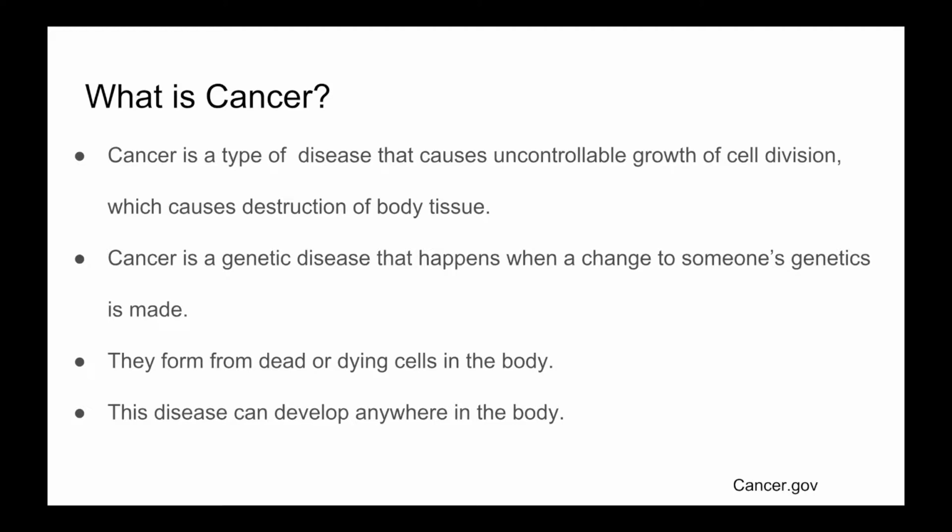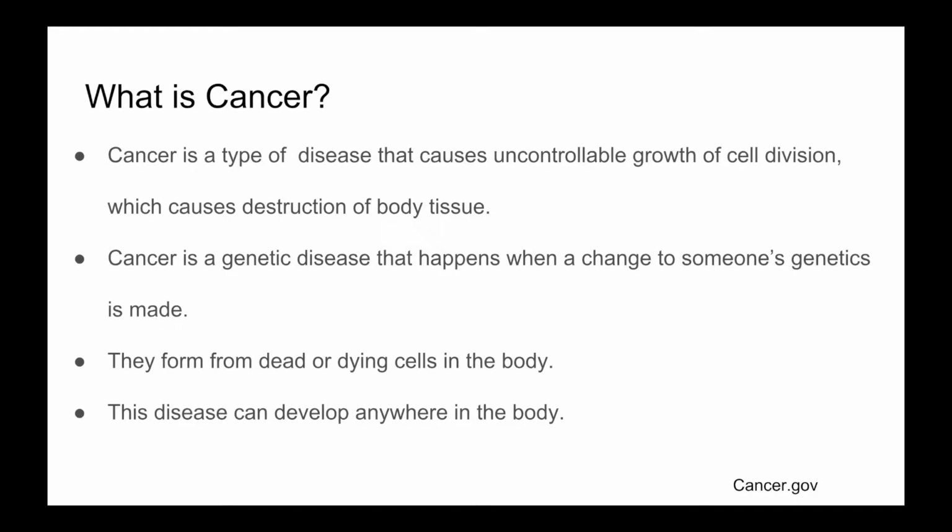So now, what is cancer? Most of you probably know cancer is a deadly type of disease, but during the phase of cancer it can cause uncontrollable growth of cell division. And during the growth of cell division, this can eventually cause destruction of body tissue. Cancer is also a genetic disease that can happen when a change to someone's genetics is made.